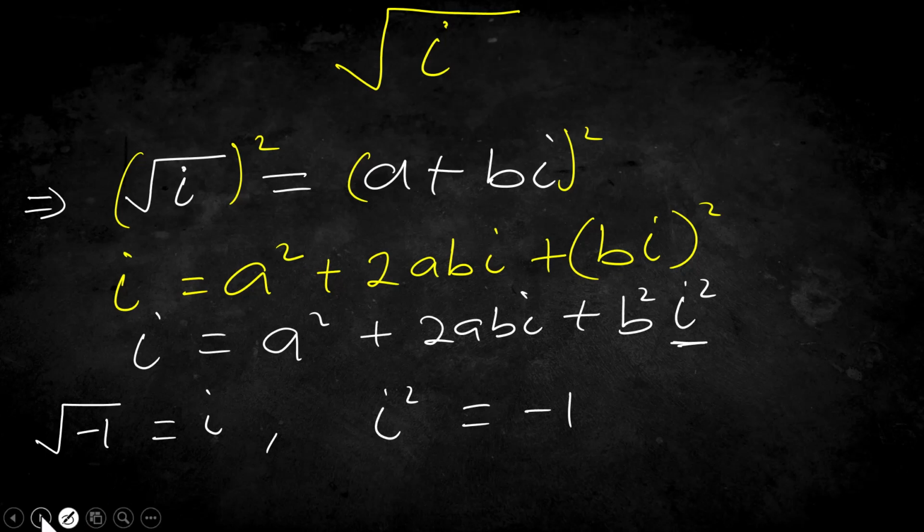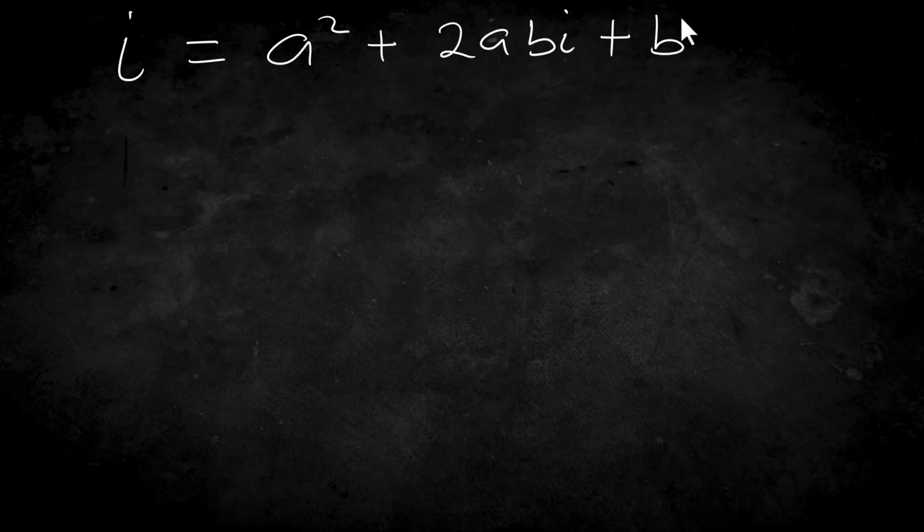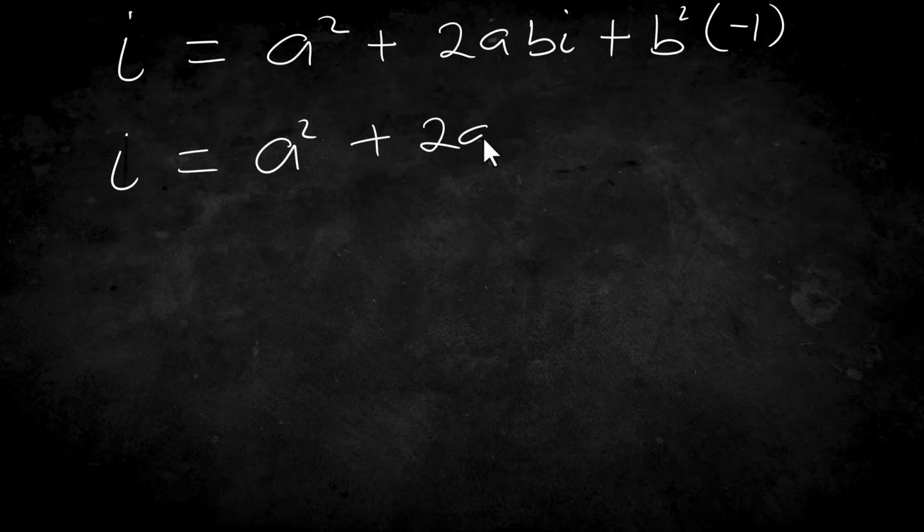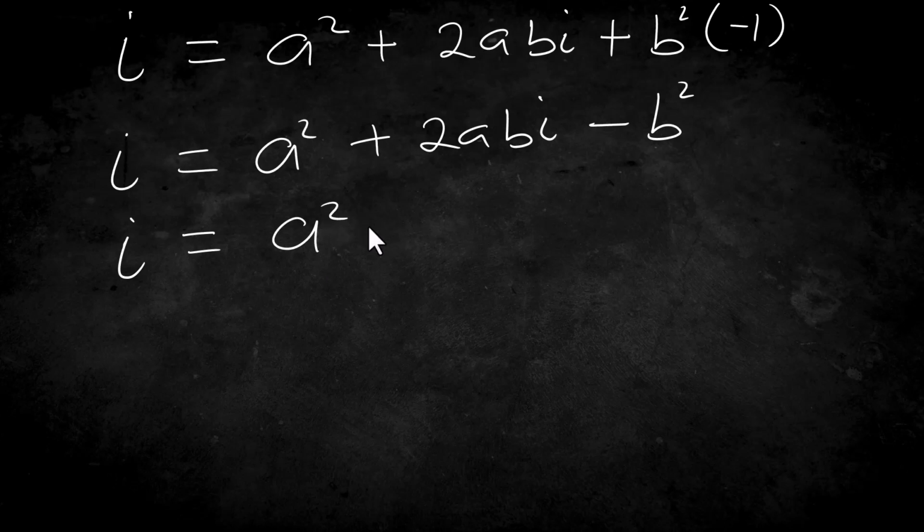So we have b squared times -1. So i equals a squared plus 2abi, and this side will be minus b squared. So we can arrange this one as i equals a squared minus b squared plus 2abi.